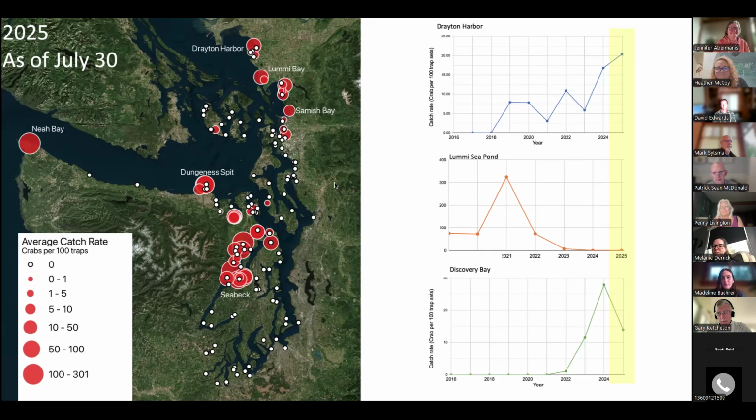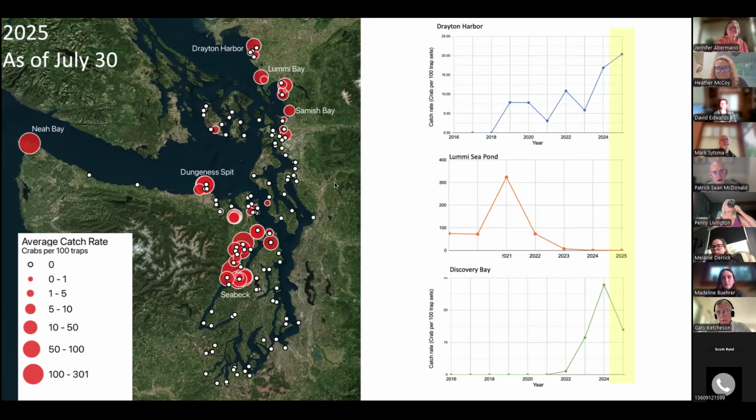So thank you. Yeah, I will say that what is unique in terms of addressing the green crab invasion in our region is that we've been doing proactive monitoring within the inland waters since before green crab arrived.